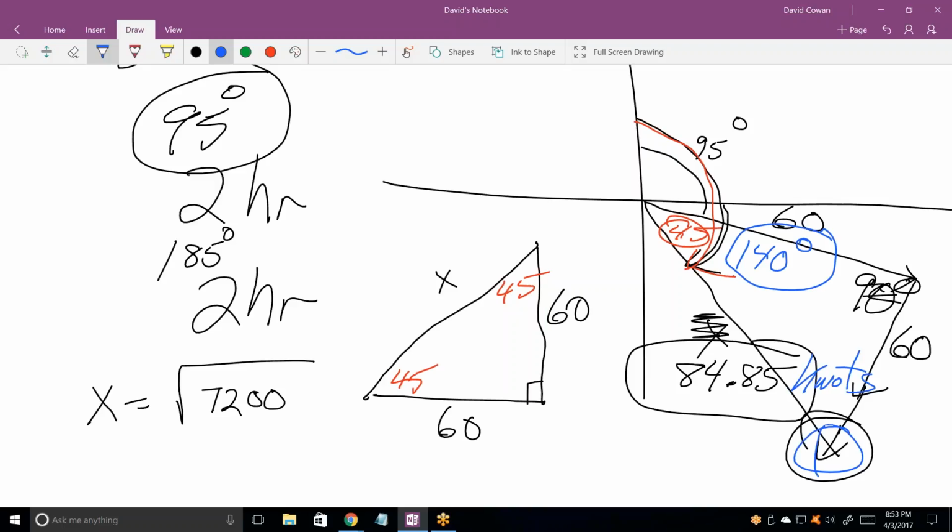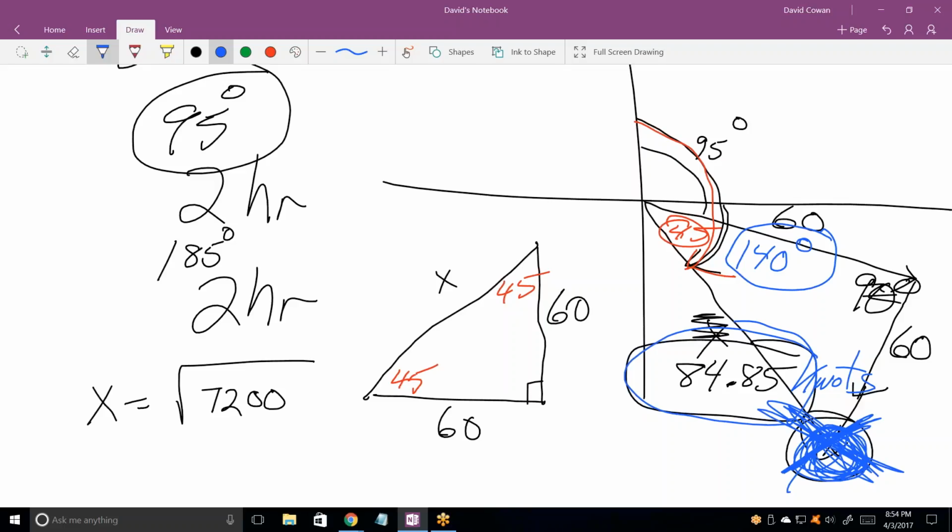That's where the boat ends up. It's exactly the same as if the boat would have headed off on a bearing of 140 degrees and gone until it traveled a distance of 84.85 knots, it would end up right there. Same place it ended up doing what it did. It just required a lot of math to figure it out because it took two different paths.